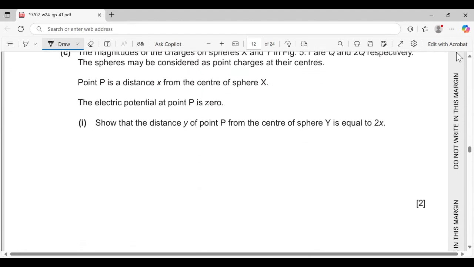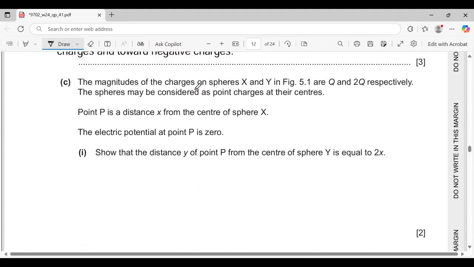The magnitudes of the charge on sphere X and Y in figure 5.1 are Q and 2Q, respectively. The spheres may be considered as point charges at their centers. When P is a distance x from the center of sphere X, the electric potential at point P is 0.